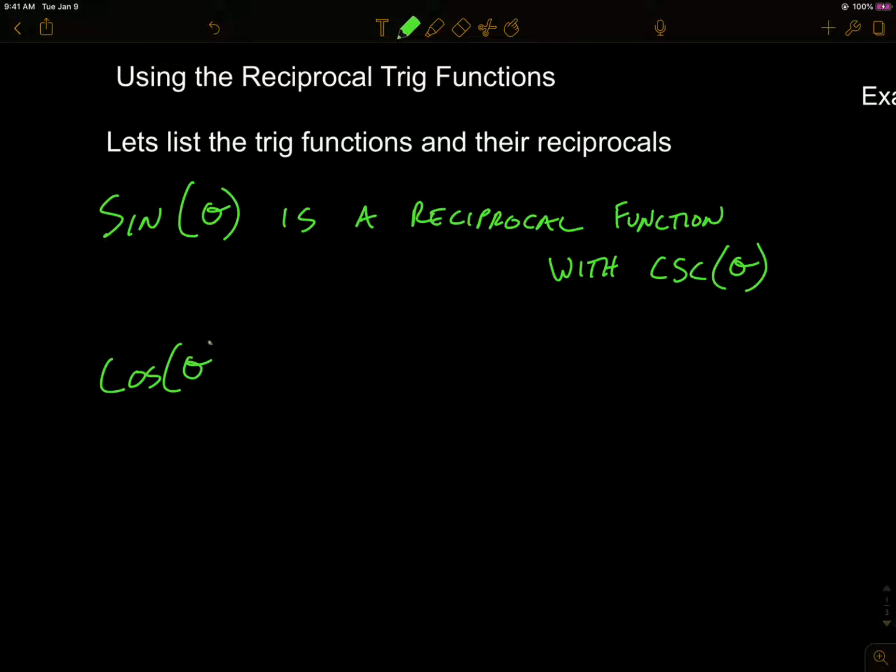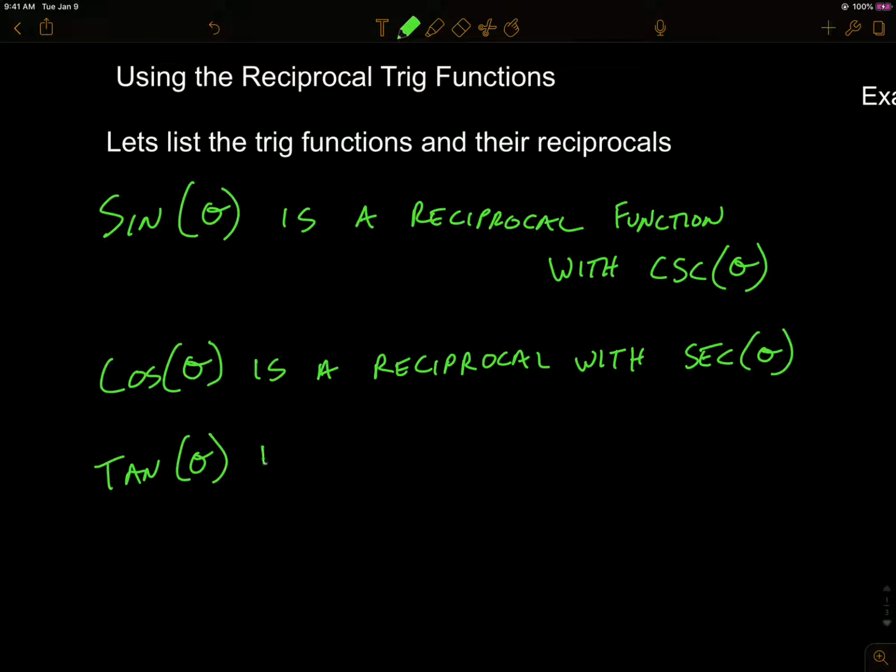Cosine of theta is a reciprocal, and I won't say function to save a little space so I can fit it on one line, reciprocal with secant of theta.